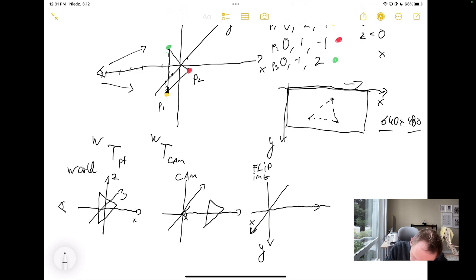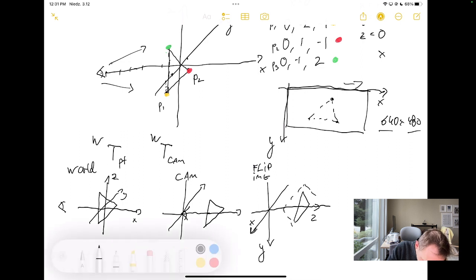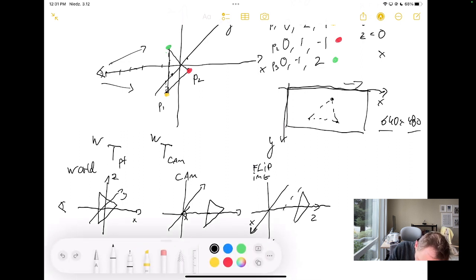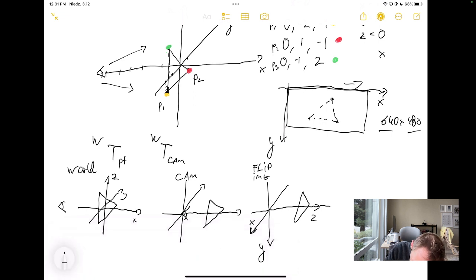And the z goes out of the camera, so here, and here's our triangle, something like this. And this will be more or less our picture. No, wait, I drew it incorrectly. Just keeping the perspective, it will be something like this.